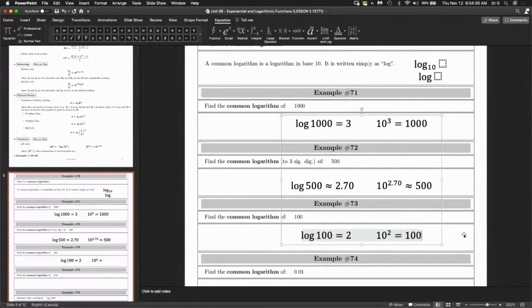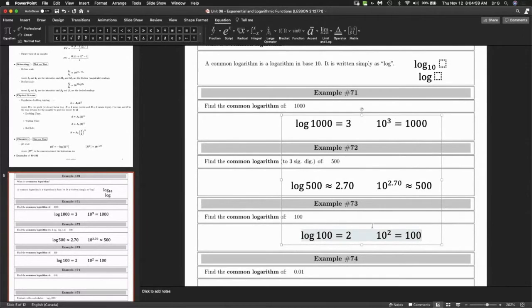Notice that sometimes the number is really nice, and other times the number is weird. Like 2.70 is not something that you could guess exactly, at least not easily. However, you could find the logarithm of 1,000 and 100 very fast because they're both powers of 10.